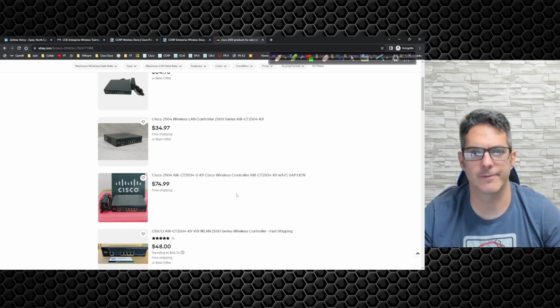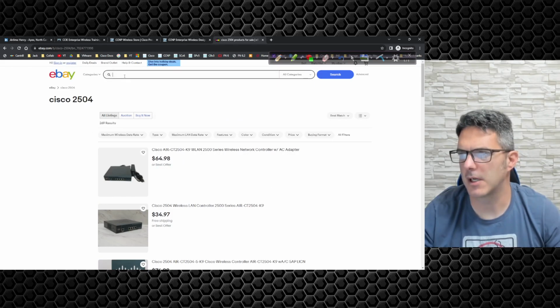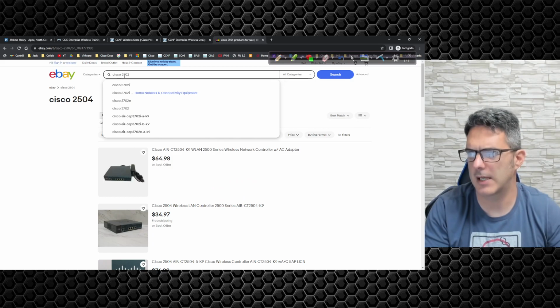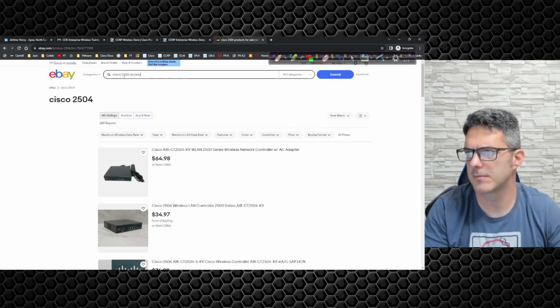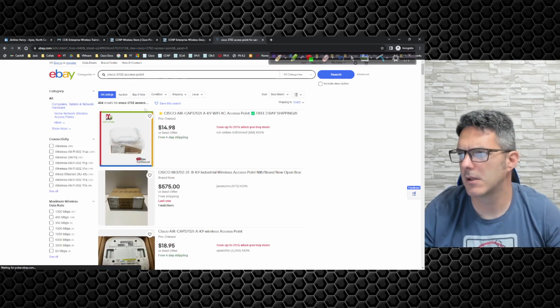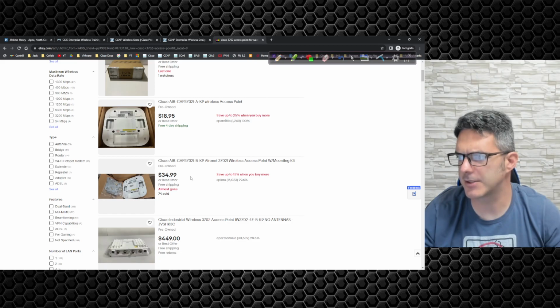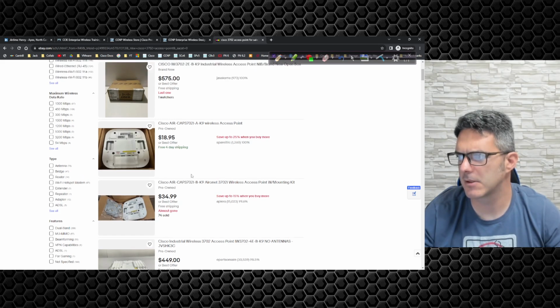And then you pay another, I don't know, what's the Cisco 3702 access point? You can get them for $20, $20-$30. You can get a couple of APs. I don't know how many this guy has for sale.